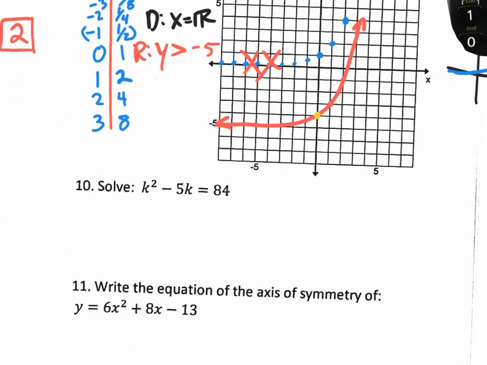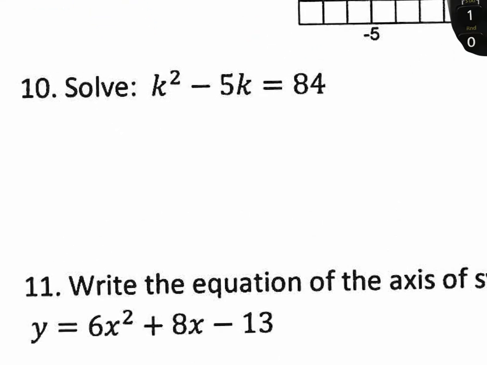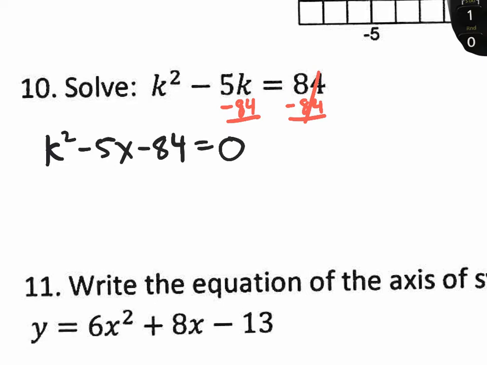Let's move on. Number 10, solve. It's a quadratic equation. The best way to solve this quadratic equation, or any quadratic equation, is to set it equal to 0, and then factor, split, and solve, or use the quadratic formula. I want to subtract 84. Obviously, you can't subtract 84 from anywhere, so I'm going to rewrite the whole thing. k squared minus 5k minus 84 equals 0.